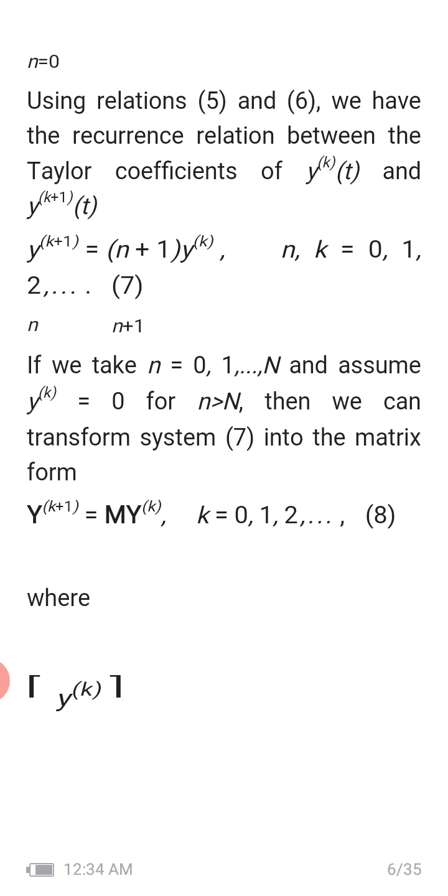Using equations 5 and 6, we have the recurrent relation between the Taylor coefficients of y^(k) of t and y^(k+1) of t.